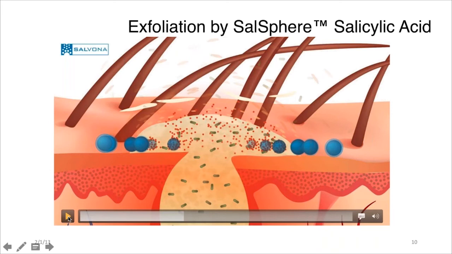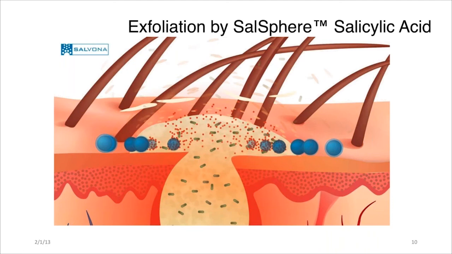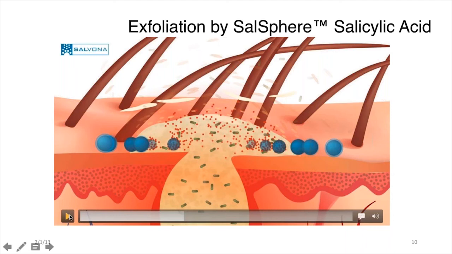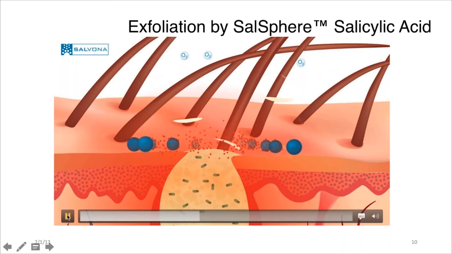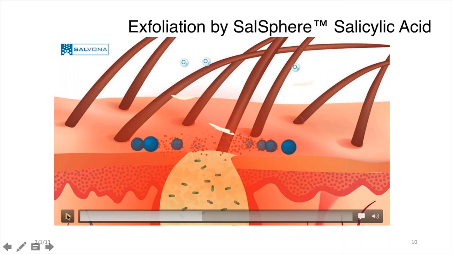By doing so, the pimple is degraded and the redness is reduced. Now here you see the open pore. When the pore becomes open, the salicylic acid from SalSphere can easily penetrate into the hair follicle. Salicylic acid by itself has some antibiotic activity.